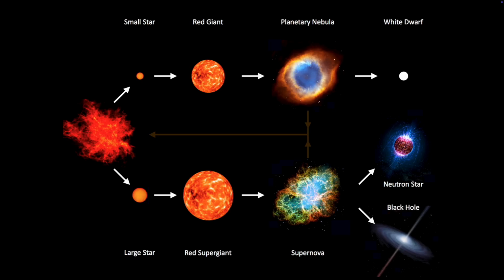So regardless of whether the end result of a star is a white dwarf, a neutron star, or a black hole, remember that a very large fraction of the mass of the star actually gets recycled via a planetary nebula or a supernova remnant, and a lot of that material gets recycled back into the interstellar medium, where we are then ready to make new stars whenever there's another trigger, whether a supernova producing a ripple in the cloud to generate a new star, or the galaxy colliding with another galaxy and producing shock waves, which makes that cloud collapse once again.